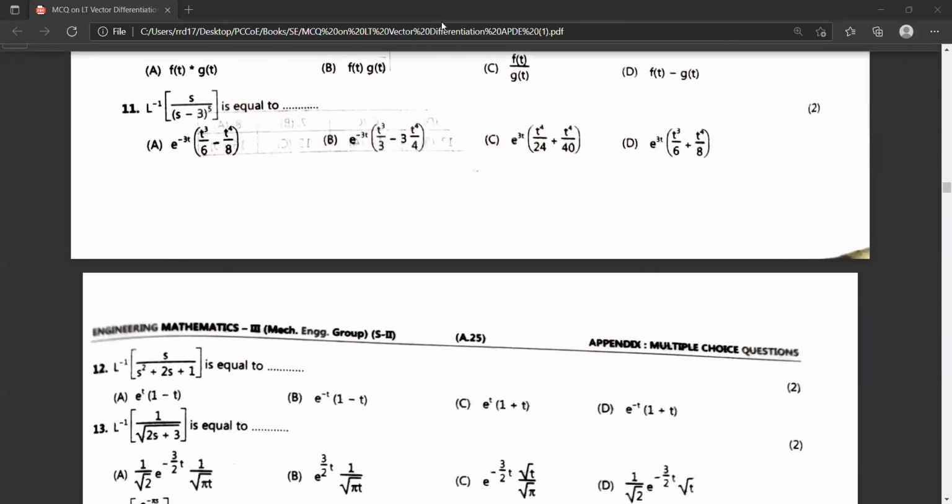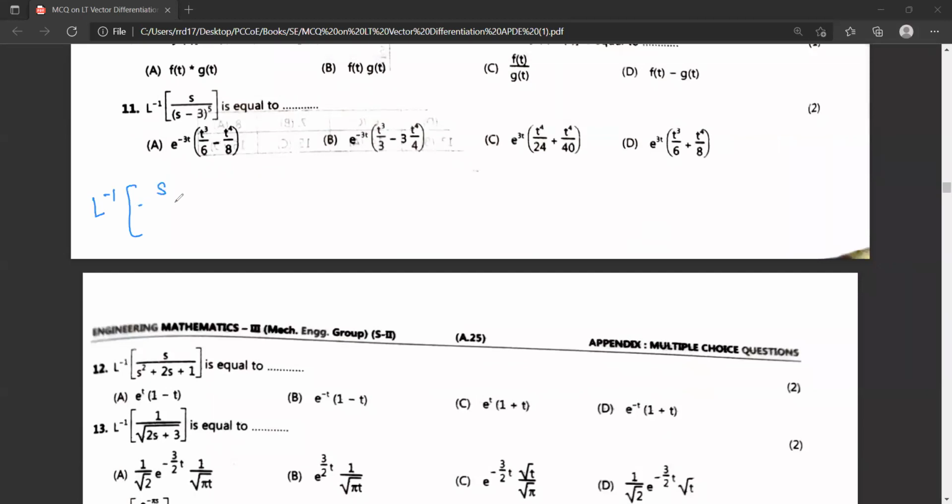Now let's go to the 11th one. How do you solve this? L inverse of s upon s minus 3 raised to 5. In the numerator, adjust plus 3 minus 3. So what you do is adjust the numerator and denominator. I'll be getting s minus 3 plus 3.